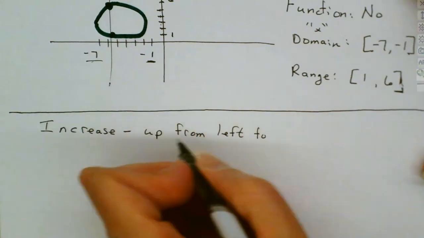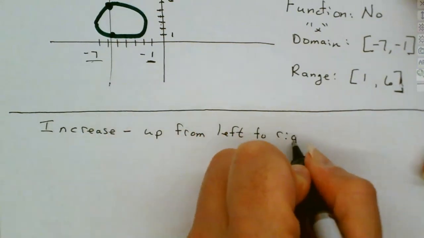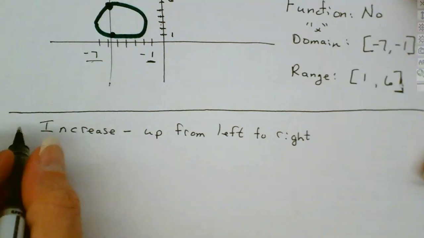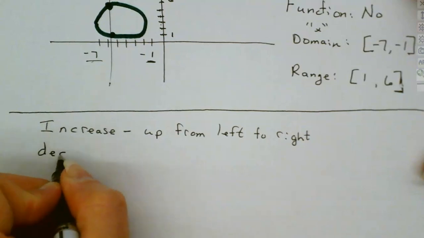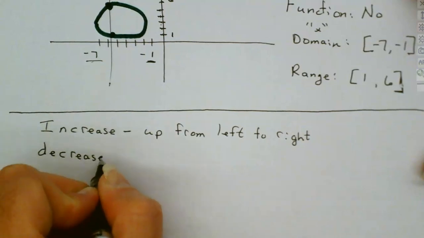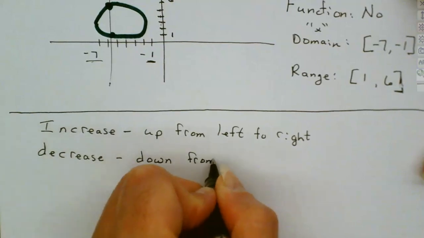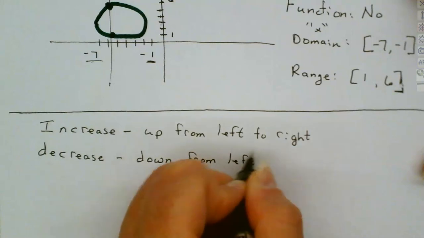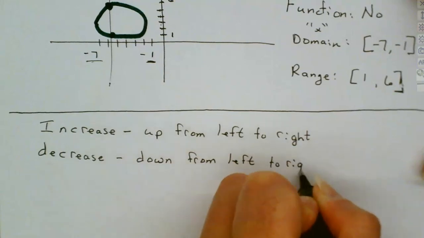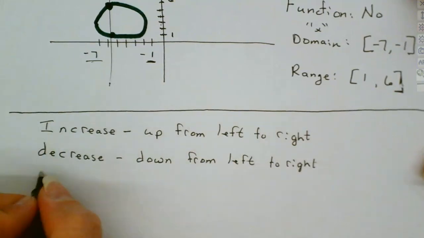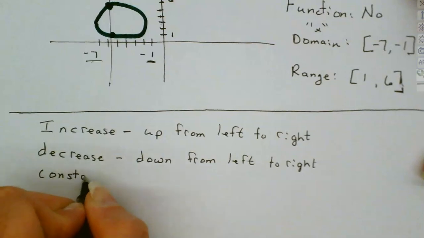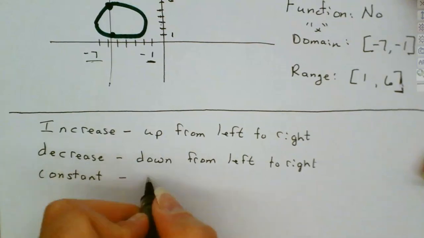I'm going to rise up. That means it increases. When we do a decrease, that means it goes down from left to right. And constant means it stays the same.